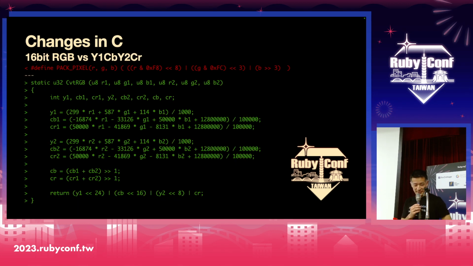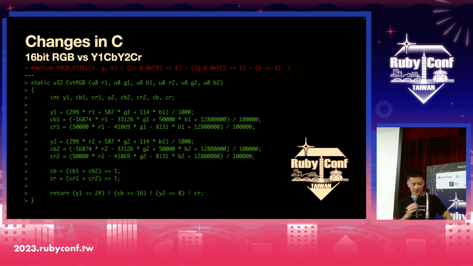And another interesting part, this is 16-bit RGB versus Y1CB, Y2CR. On Dreamcast, in VRAM, each pixel was packed in 16-bit data, 5 bits for red, 6 bits for green, and 5 bits for blue. And that was a single pixel.